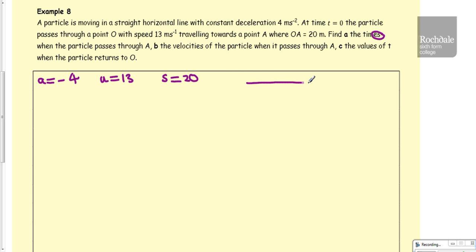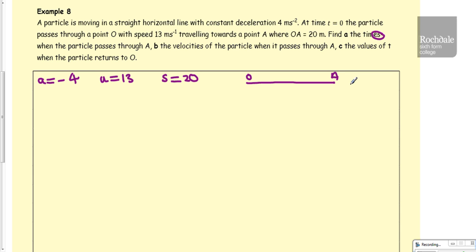So if you imagine that we're going along from O to A, and even from the beginning, the particle is slowing down. At some point, it will pass through A, and then because we've got a negative acceleration, eventually the particle will come to rest.